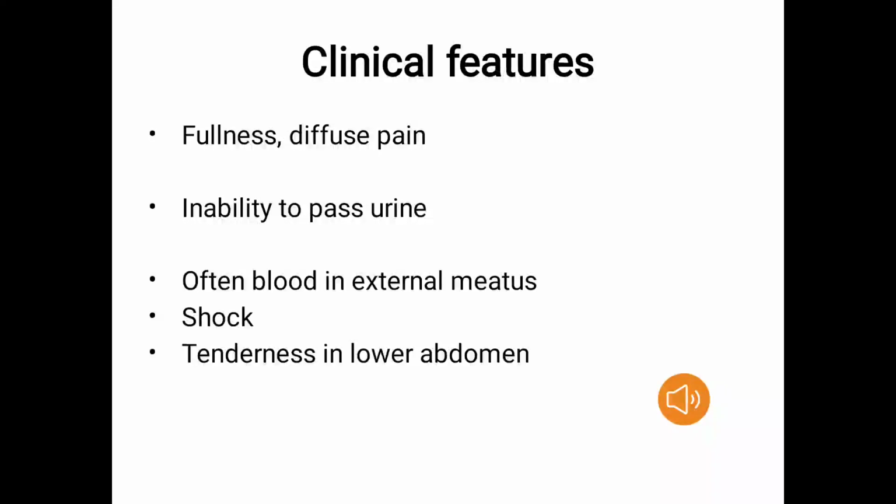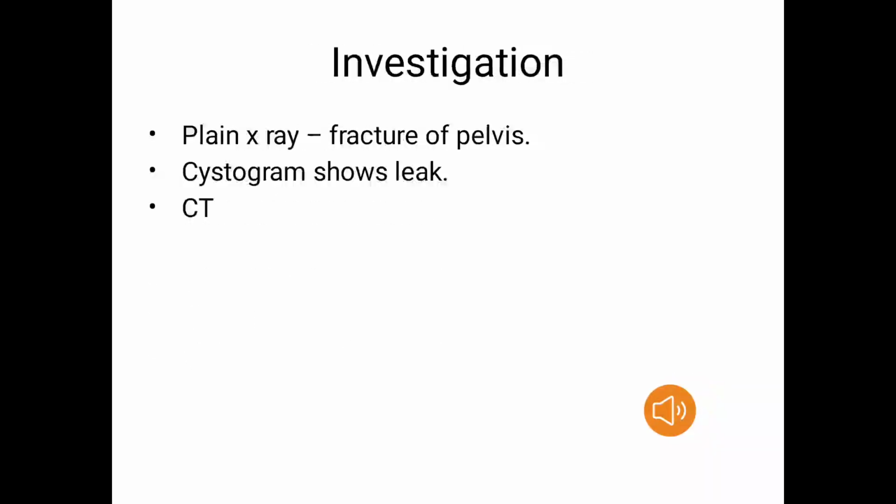On examination, there will be tenderness in the lower abdomen, and sometimes you will see blood at the external urethral meatus. On plain X-ray, most of the time you will see a fracture of the pelvis, the cystogram will show the leak, and CT is again the confirmatory imaging modality.